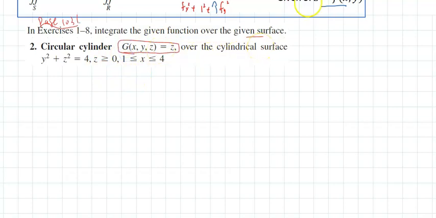I'm going to do this problem two ways. Only this problem two ways. So x squared plus z squared equal, here it is.